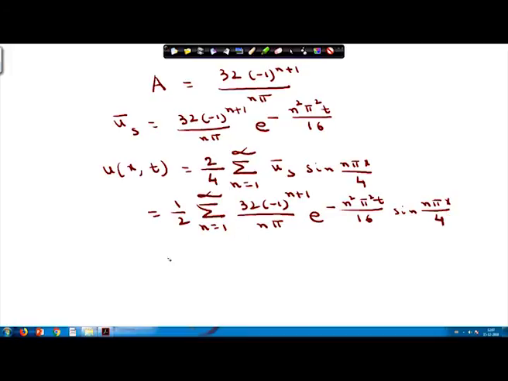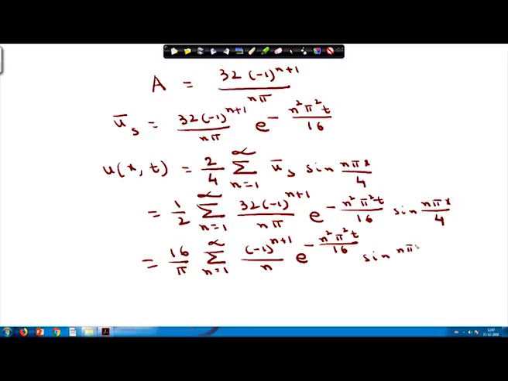So, this 32 you can simplify: 16 by pi summation n equals 1 to infinity minus 1 to the power n plus 1 divided by n, e power minus n square pi square t by 16, into sin(n pi x divided by 4).